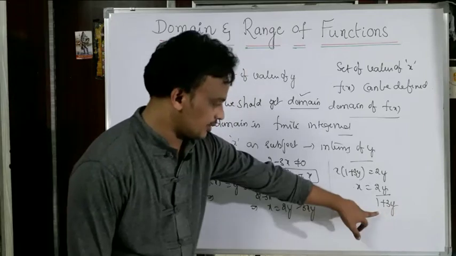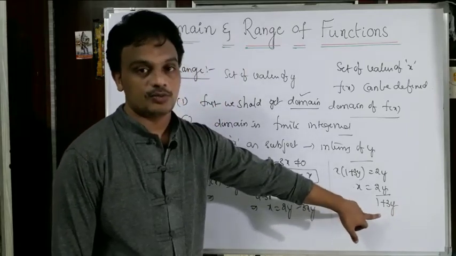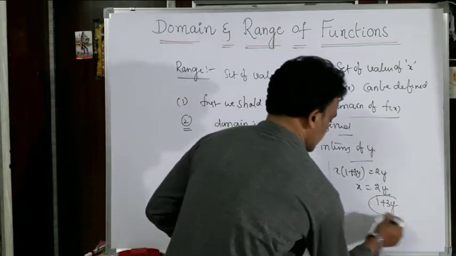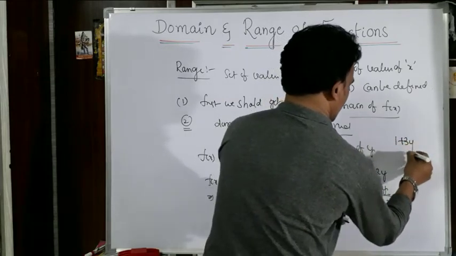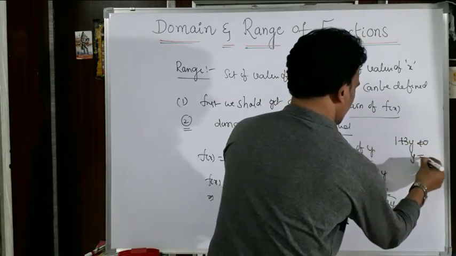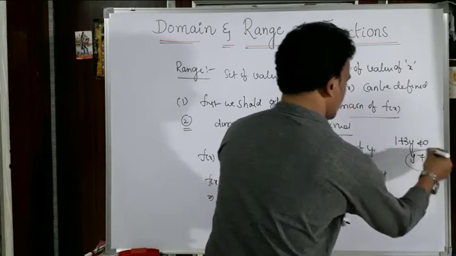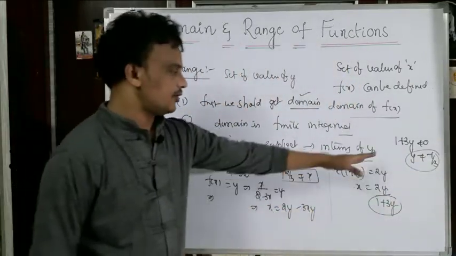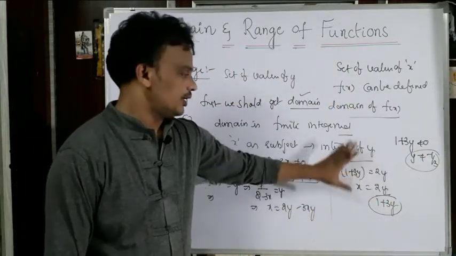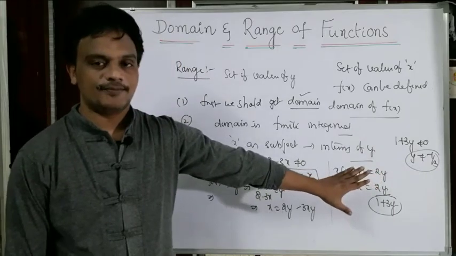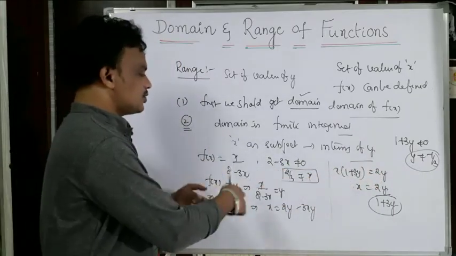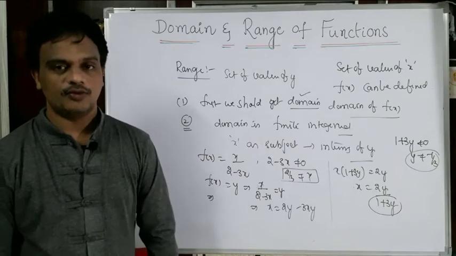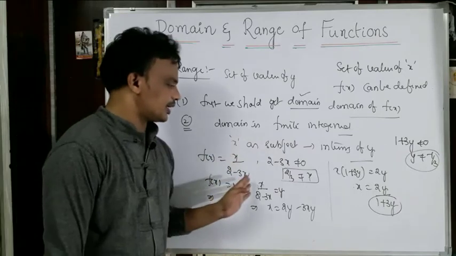Here also the denominator should not be equal to 0, so 1 plus 3y is not equal to 0, so y is not equal to minus 1 by 3. Yes, the range value is not equal to minus 1 by 3, only then will the range exist. This is the process to find the range of a function. Some problems we can get like this.